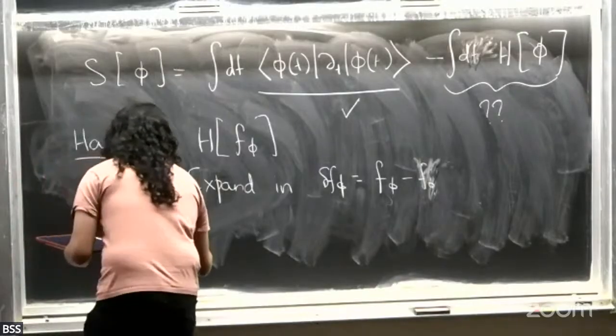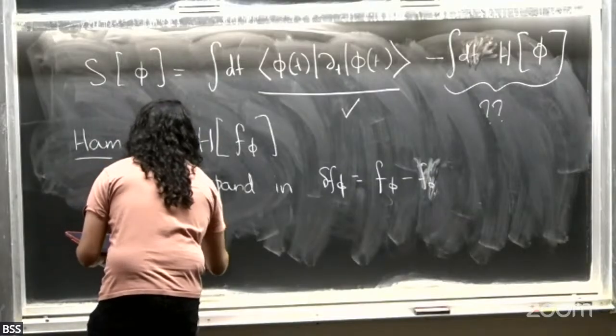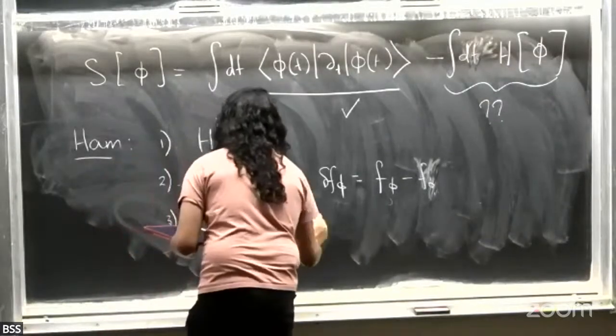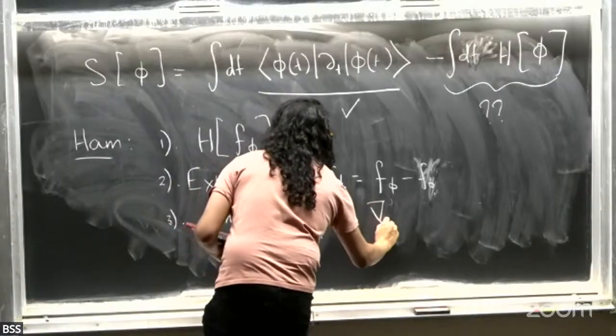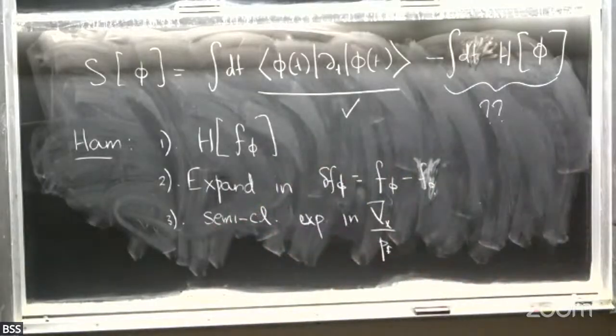And then I'm going to take a semi-classical limit, because that corresponds to low energy, to allow myself to do a gradient expansion in grad x over p_F. Again, what this means is that I'm only looking at excitations that are close to the Fermi surface. Yeah, I'll just write down the Hamiltonian, and that should be more or less it.